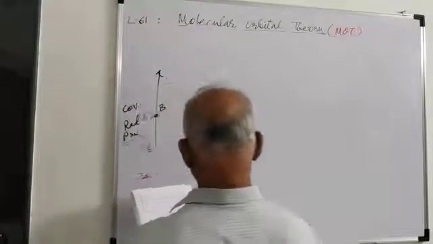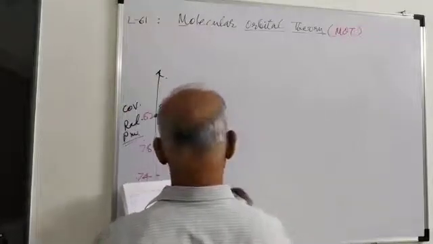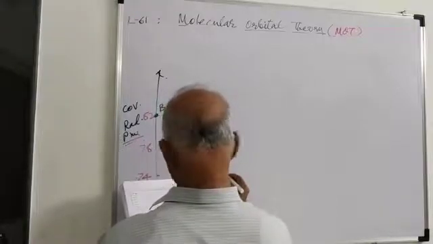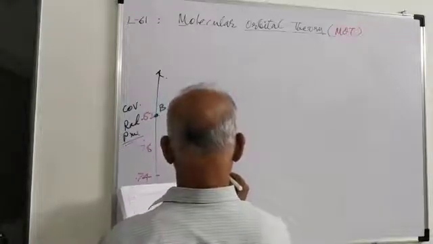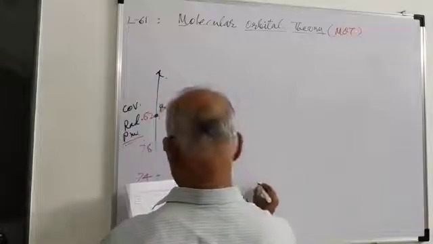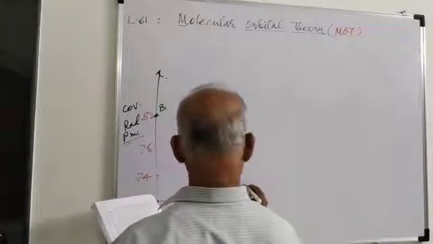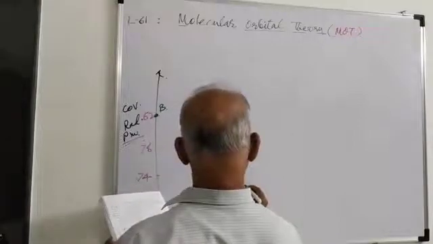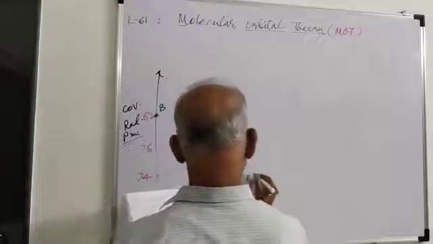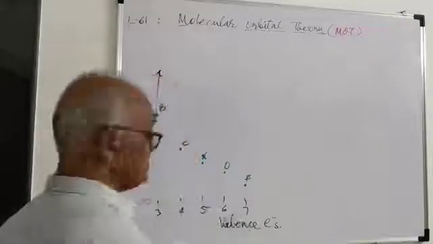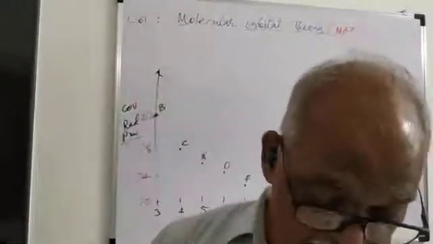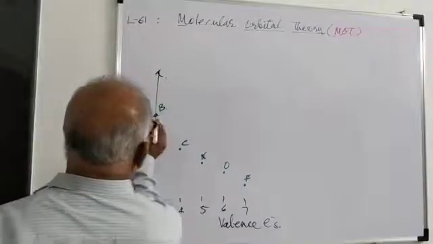Then for oxygen, you will have 6 electrons in the valence shell and the value is like this. In case of fluorine, the value is like this. Now if we connect these points, we get the graph.